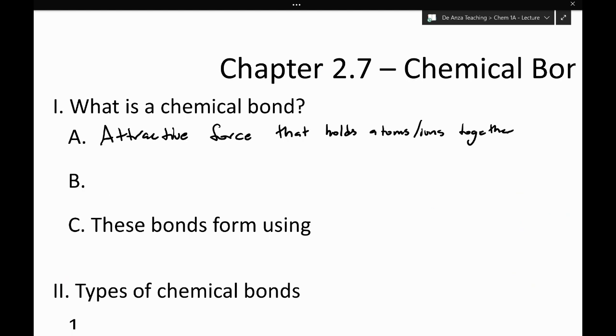And this attractive force that's holding the atoms and ions together, as they're attracted to each other, provides stability, because of the way that we locate these two attracted atoms or ions. So it's an attractive force, and it provides stability to your atoms or ions.